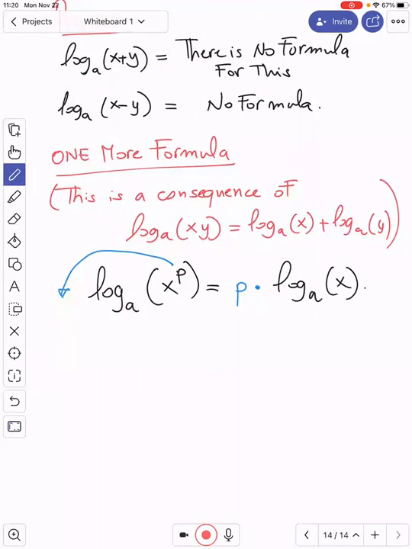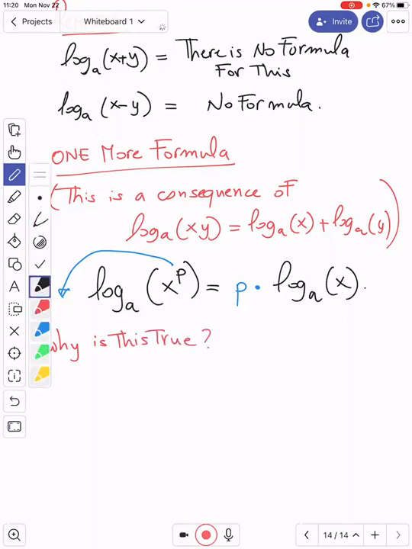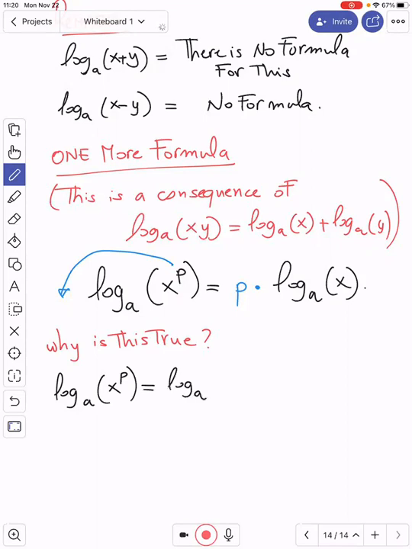So why is this true? Well, if you have log in base a of x to the power p, this is like log in base a of x times x, p times, right?